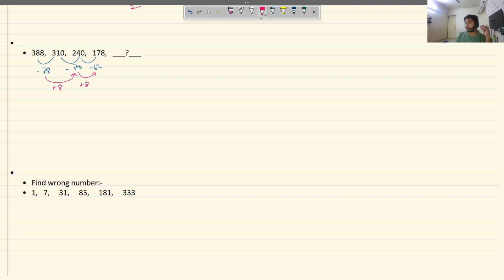So the difference between this number and the missing number, whatever that will be, I can get by adding plus 8 to minus 62. That will give me minus 54.